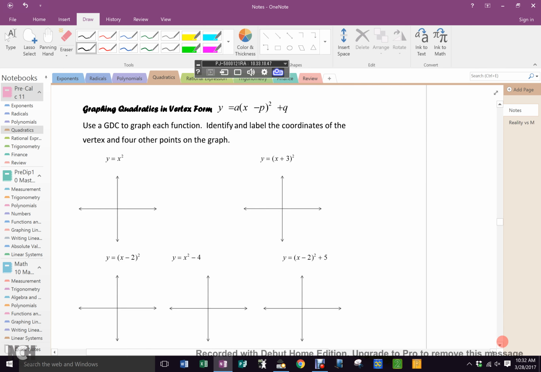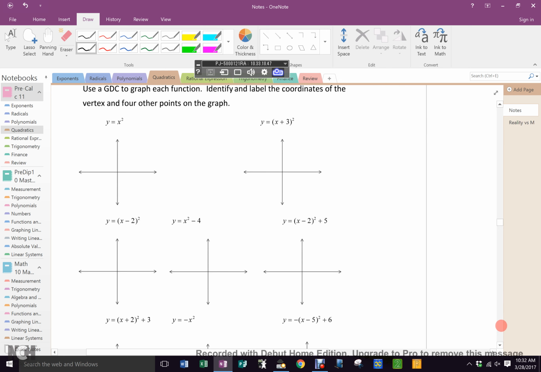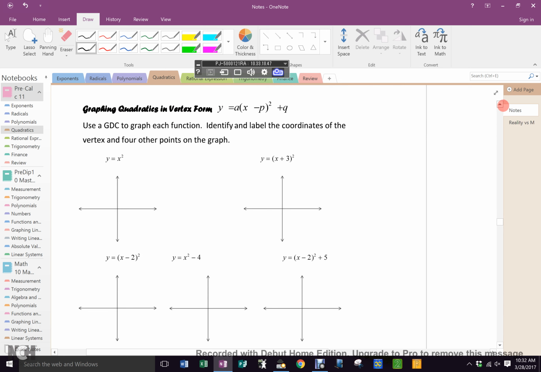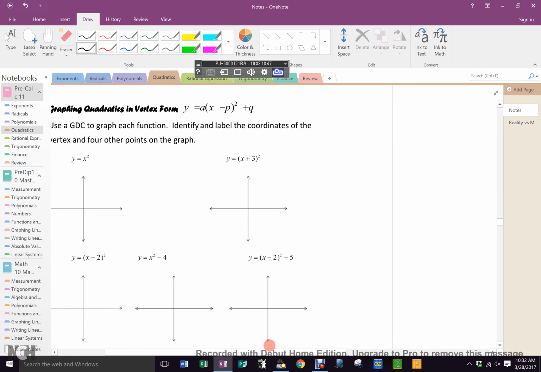I am going to ask you guys to use your calculators to graph 1, 2, 3, 4, 5, 6, 7, 8 of these. Now listen, don't start right now. This is what you need to do. One, you need to go to the y equals button and enter the equation. Then I want you to give me the vertex, which on your calculator, where do you find that?